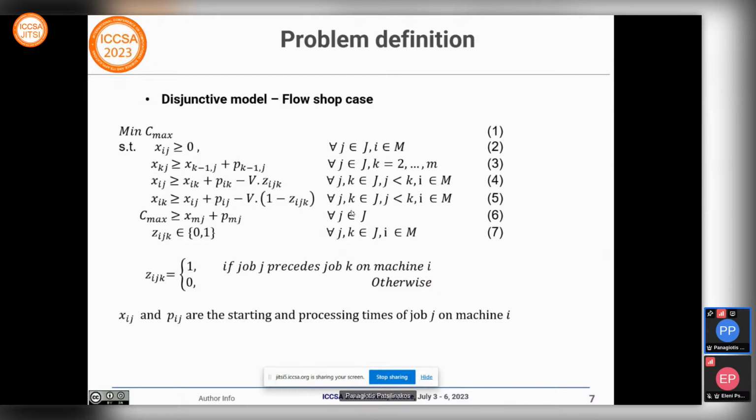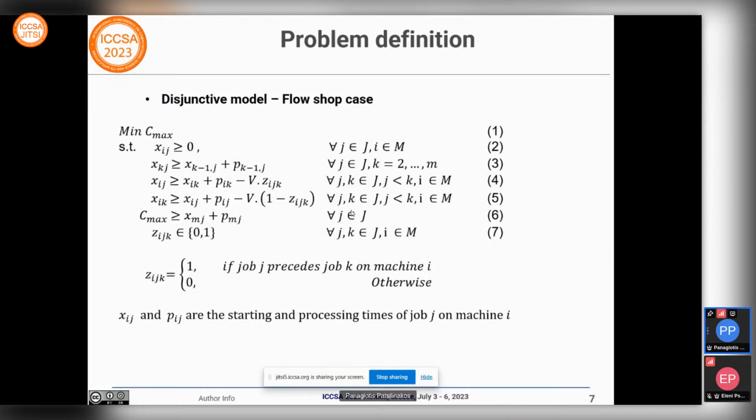We have to schedule one job after another, and we have to start one operation when the previous one is finished. So these are what are called the disjunctive constraints and the resource constraints, the two types of constraints.